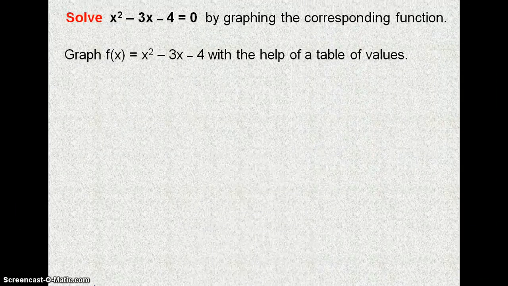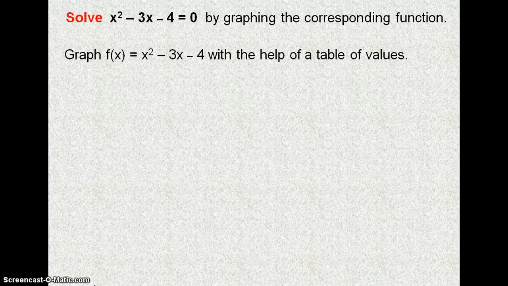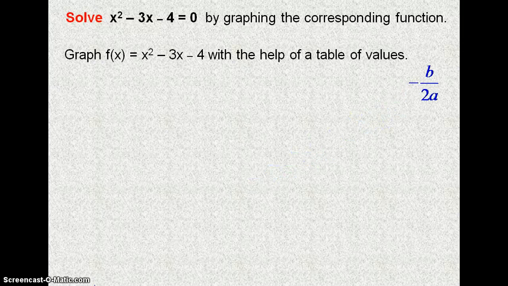All right, so we're going to start by graphing x squared minus 3x minus 4 equals 0. So we're going to have to go back to 6.1 and think about how we graphed those. Now you can make a table of values, but remember we wanted to start with the vertex.